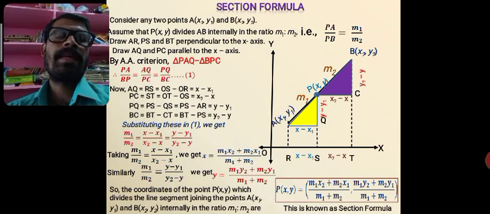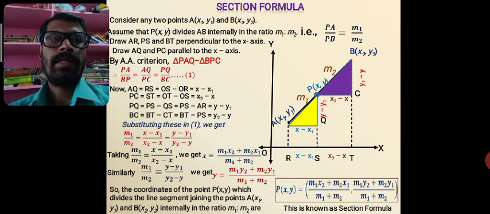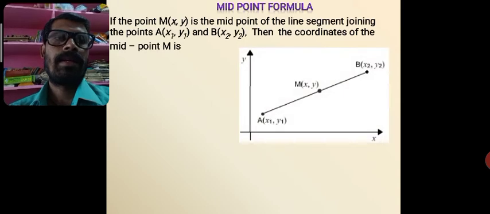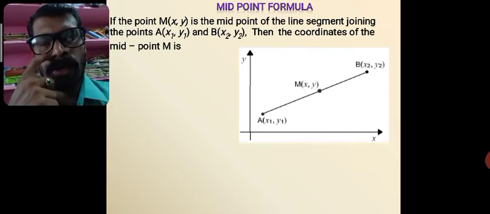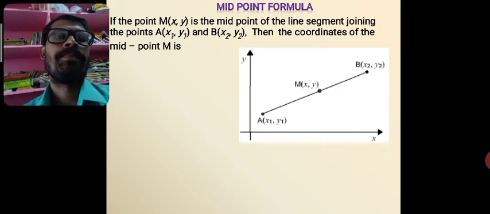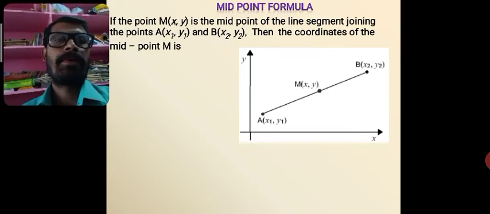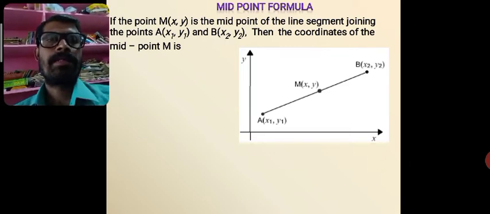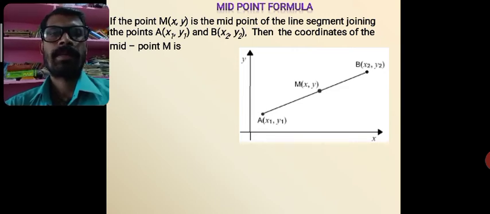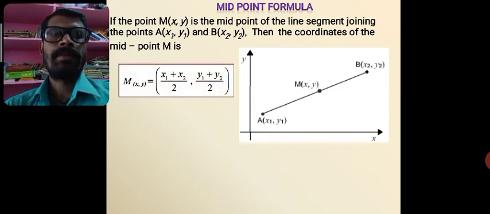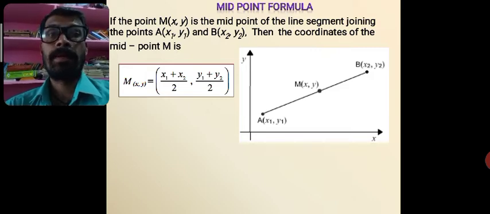So if P is exactly the midpoint of AB, what happens? If the point M of xy is the midpoint of the line segment joining the points x1 y1 and x2 y2, then the coordinates of the midpoint M are given by, just for reference, I am taking M as the midpoint.